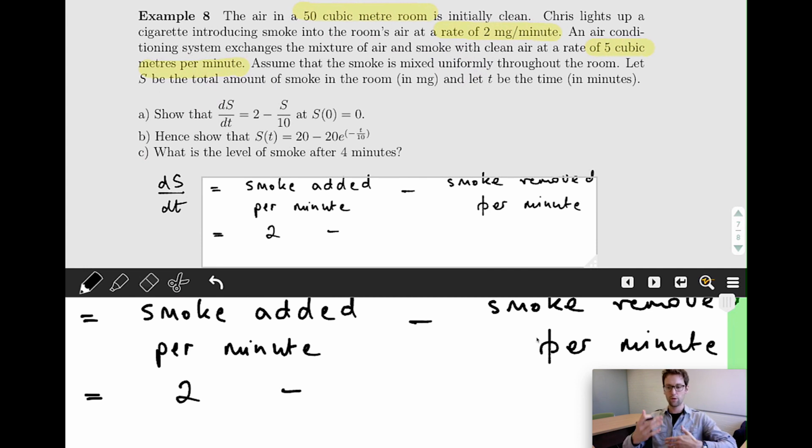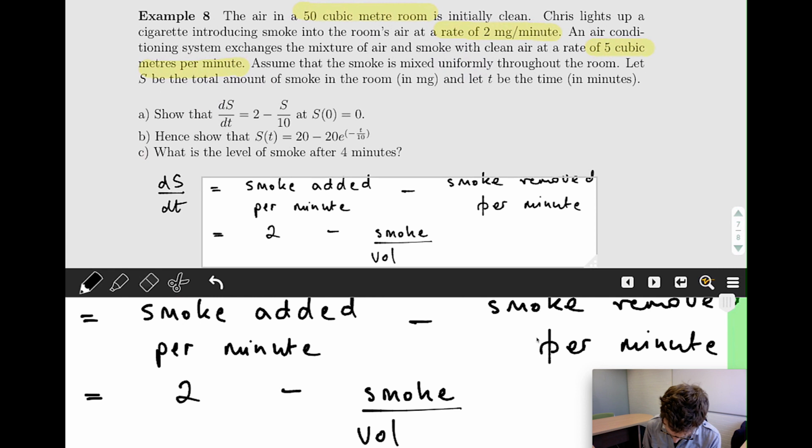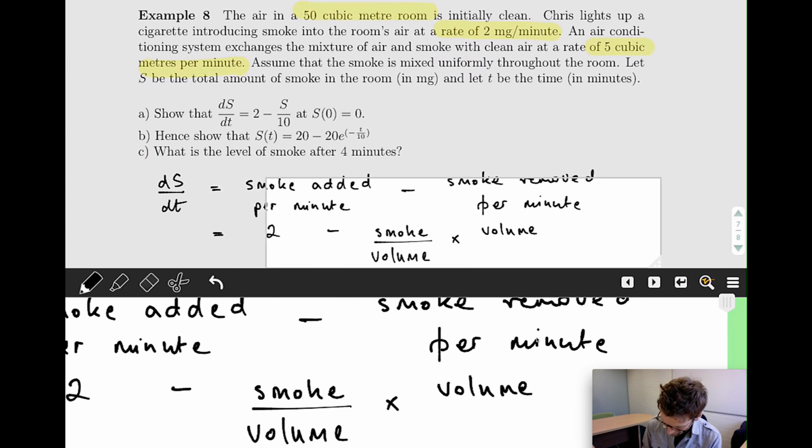Because we're constantly removing a certain amount of air and cleaning it, so the amount of smoke removed depends on how much smoke is in the air. So we're going to write the amount of smoke removed per minute is given by the amount of smoke per volume, multiplied by volume cleaned per minute.